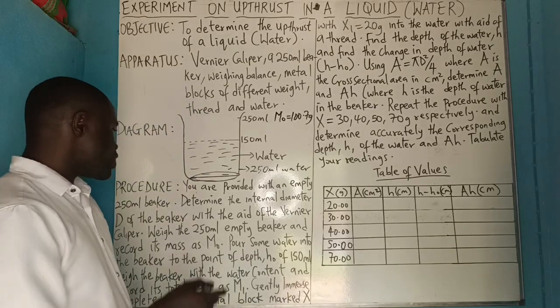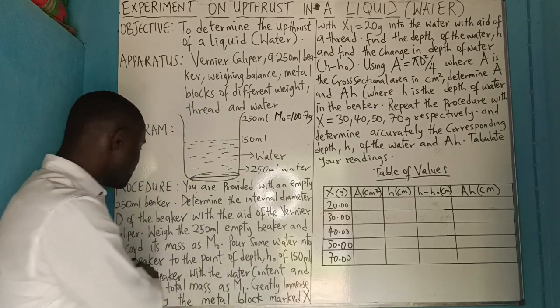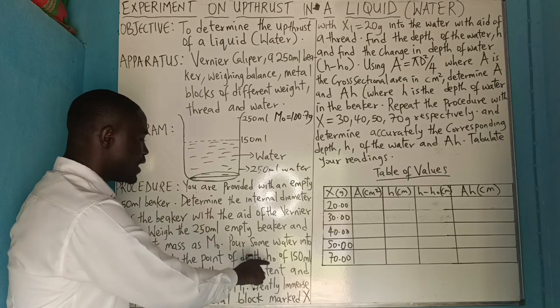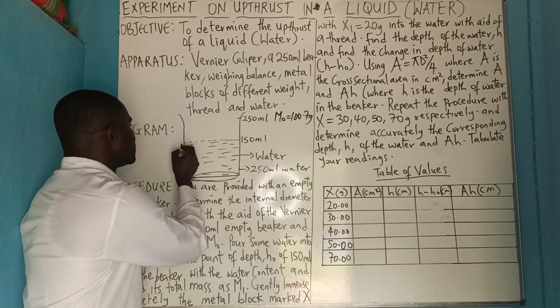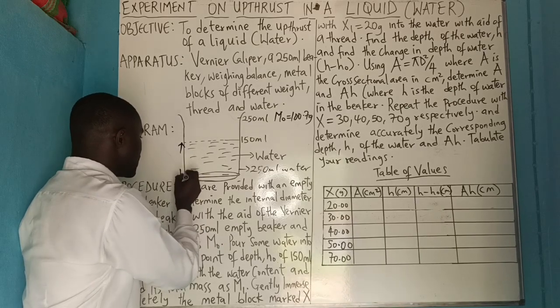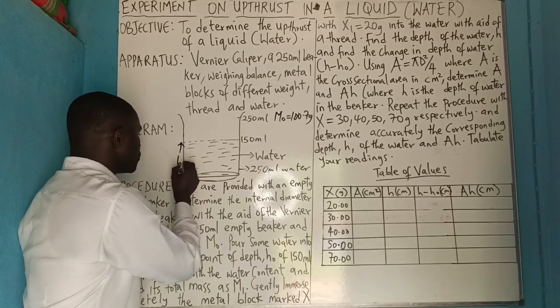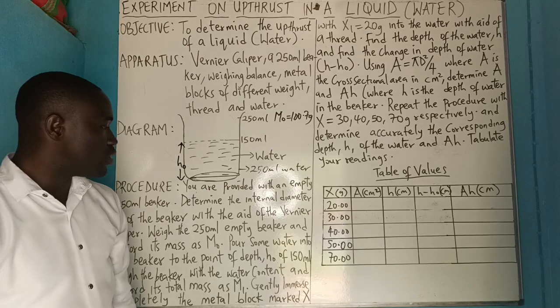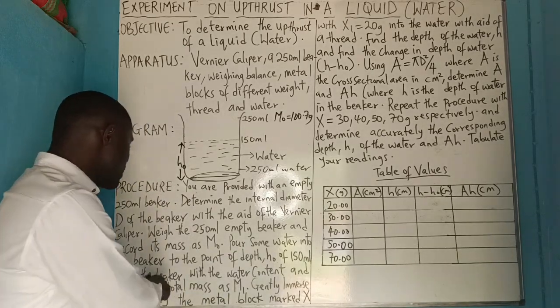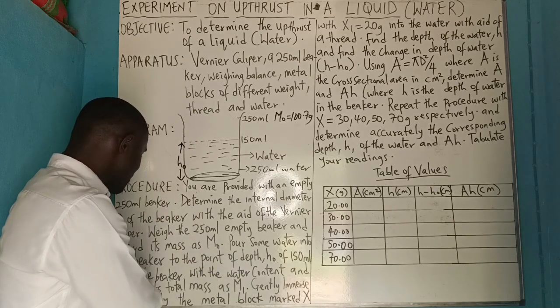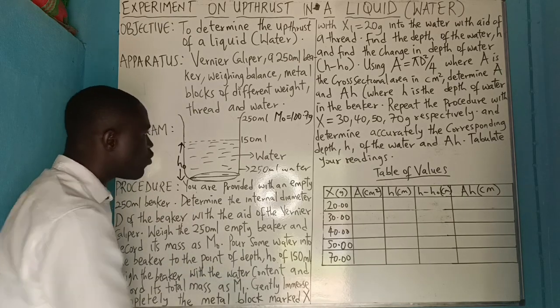Okay. Pour some water into the beaker to the point of depth H0 of 150 ml. So the distance from here to here is H0. As I pour the water now, they said weigh the beaker with the water content and record its total mass as M1.